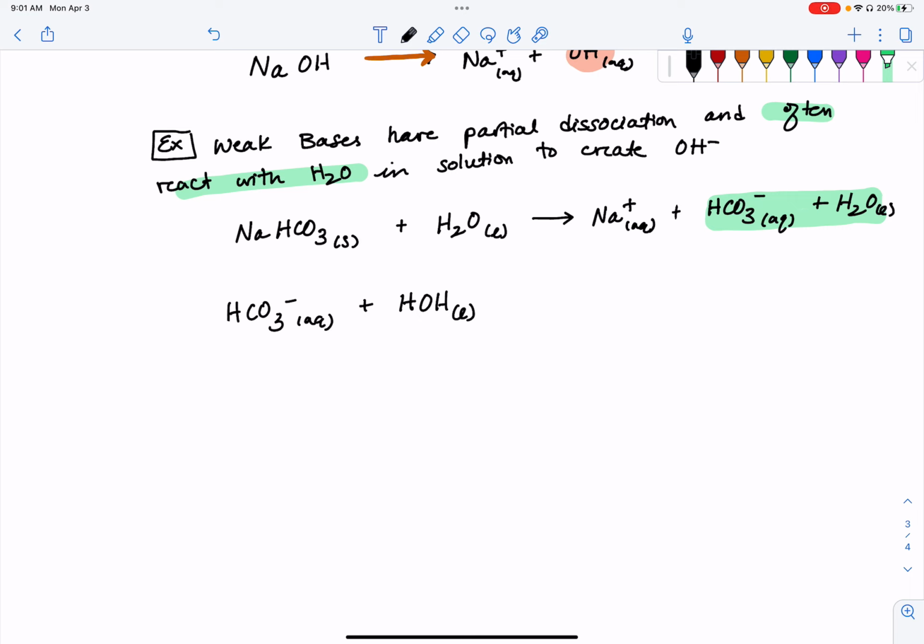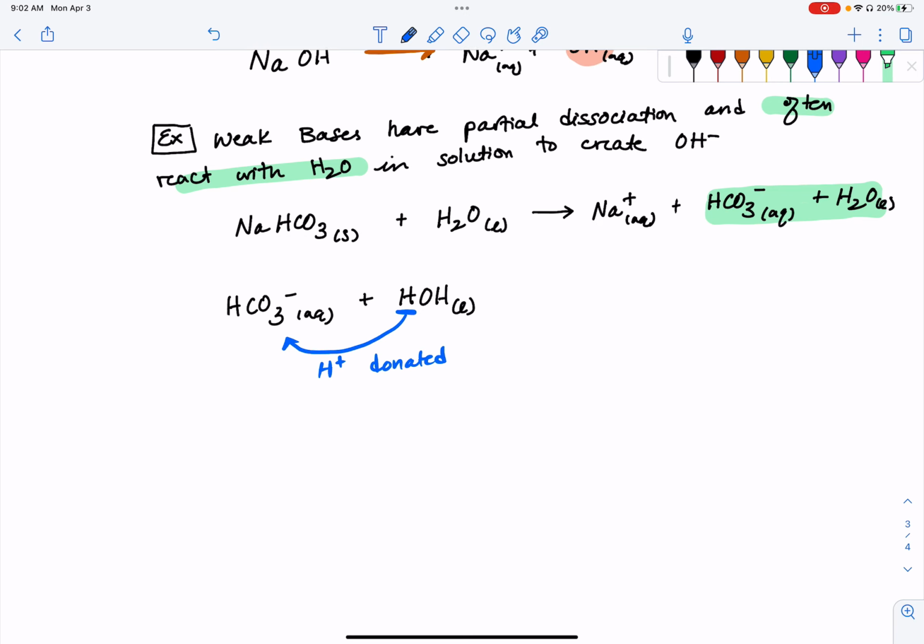So what happens in this reaction is because of the presence of this sodium bicarbonate, or namely this bicarbonate anion, water itself weakly dissociates and acts like an Arrhenius acid, meaning this H+ is donated. And because it's acting like a weak acid, this is going to have partial dissociation, which is what makes us weak.